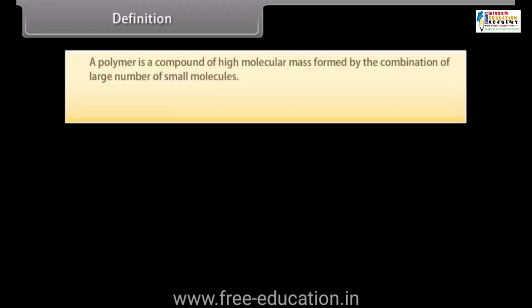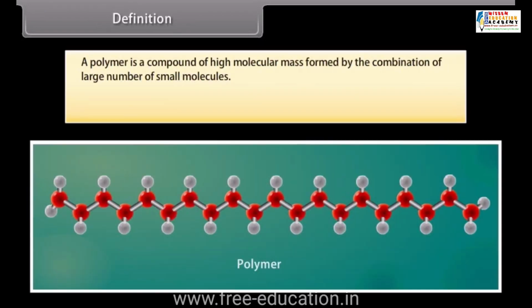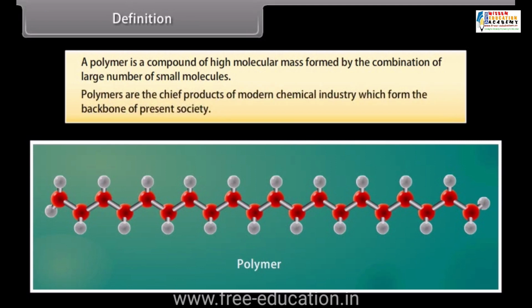Definition. A polymer is a compound of high molecular mass formed by the combination of large number of small molecules. Polymers are the chief products of modern chemical industry, which form the backbone of present society.